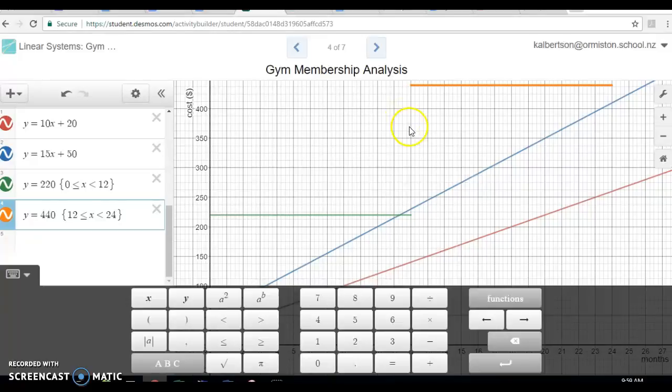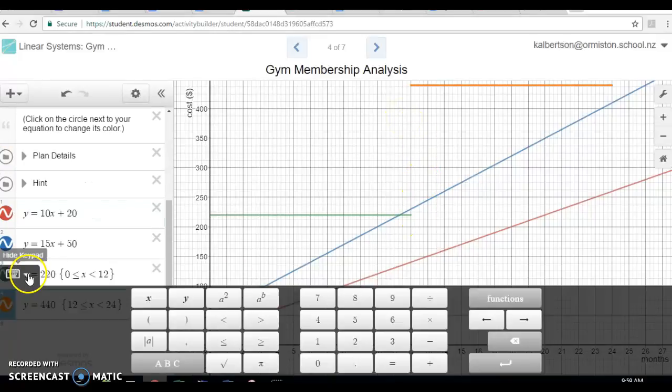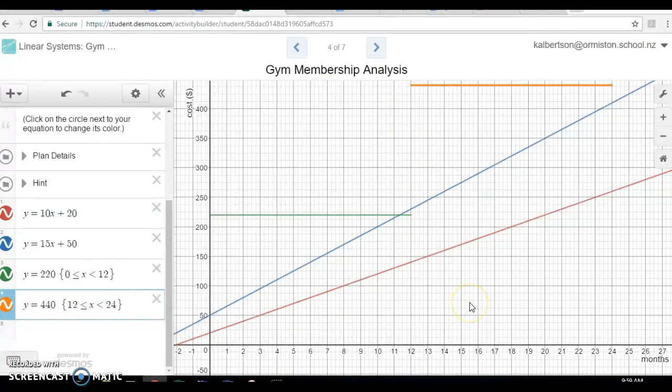Okay, so now we've got our little graphs drawn. Have a really good look at them. The red one is the lowest one. It costs the least, so that there is the cheapest. I think most people do want the cheapest. However, that one does give you access to 5 locations, so it seems like quite a good deal.